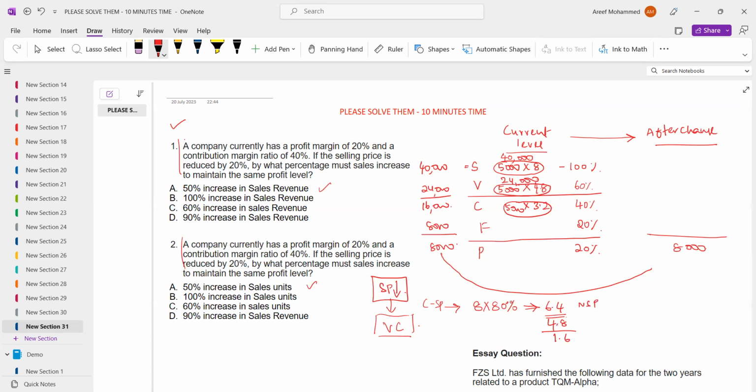Yes, sir. And this is the new variable cost. New means same, there is no change in the variable cost. Now, what is the new unit contribution margin?